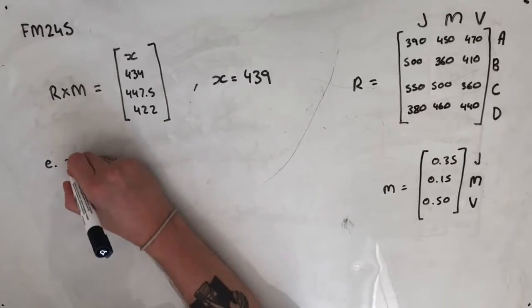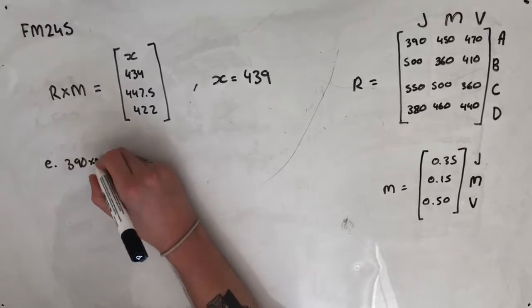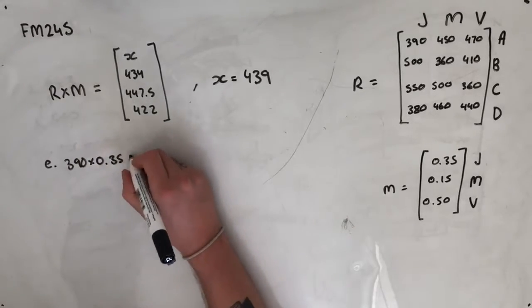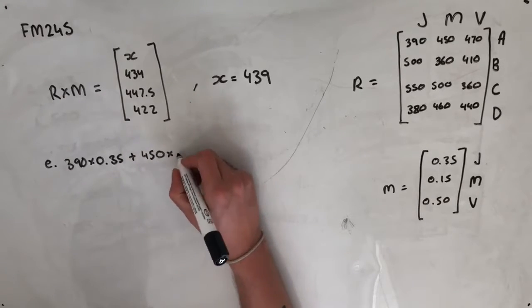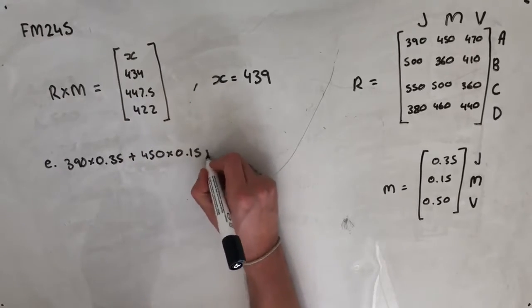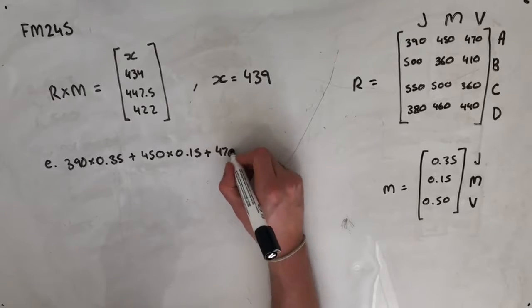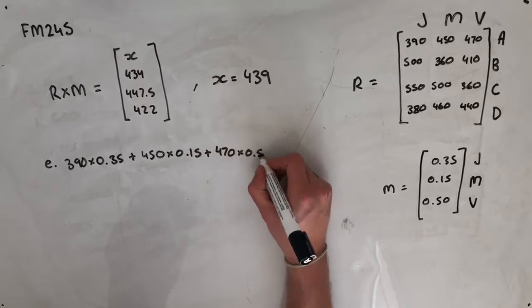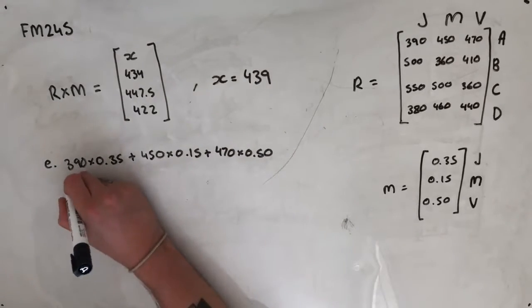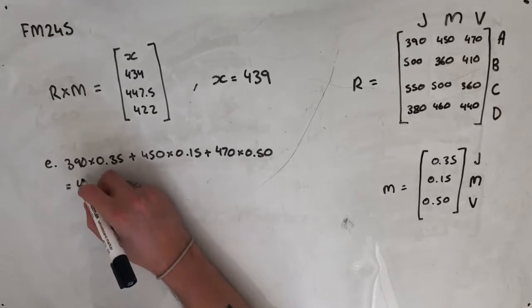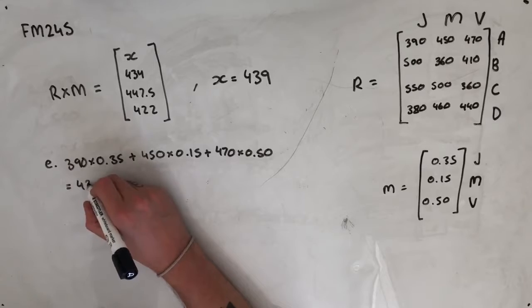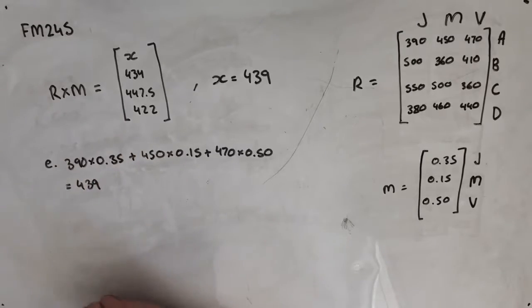So what we have is 390 times 0.35 plus 450 times 0.15 plus 470 times 0.50, which once calculated in your calculator should give you an answer of 439. So this is the calculation to show x equaling 439.